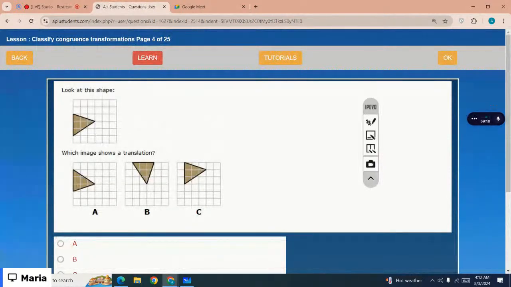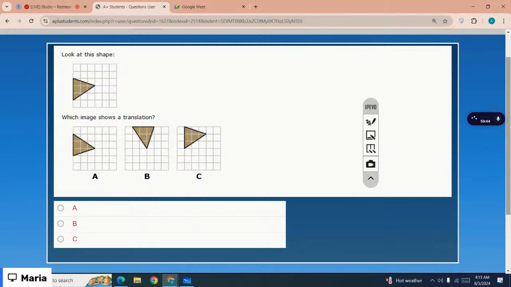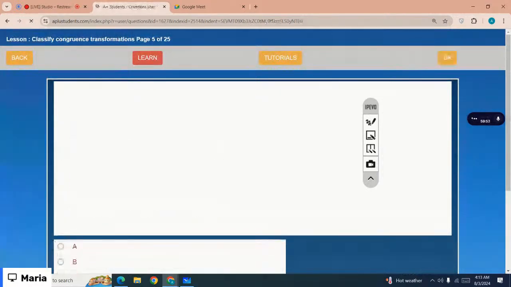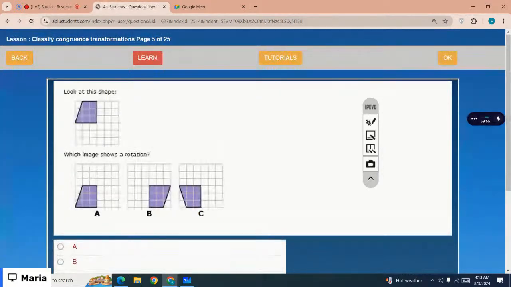Okay, look at this shape. Which image shows a translation? Which is the correct option? C is the translation. The correct option is C. Look at this shape. Which image shows a rotation?